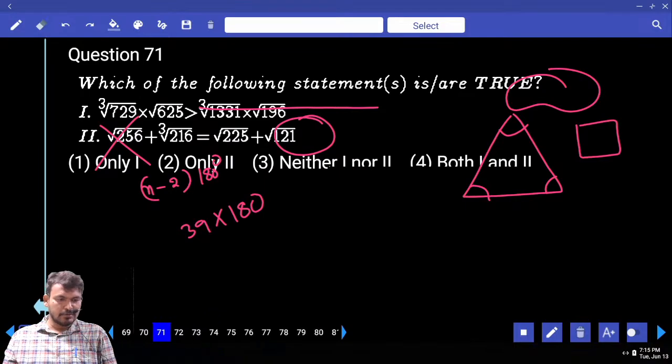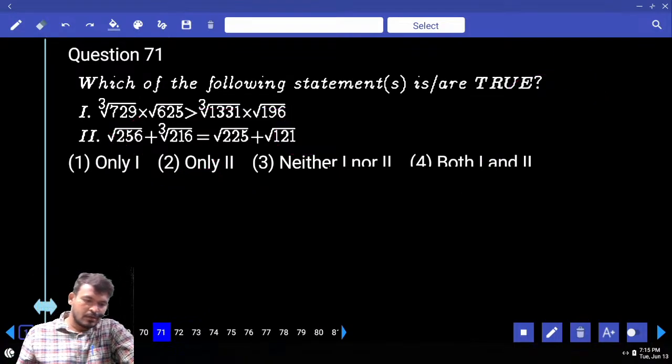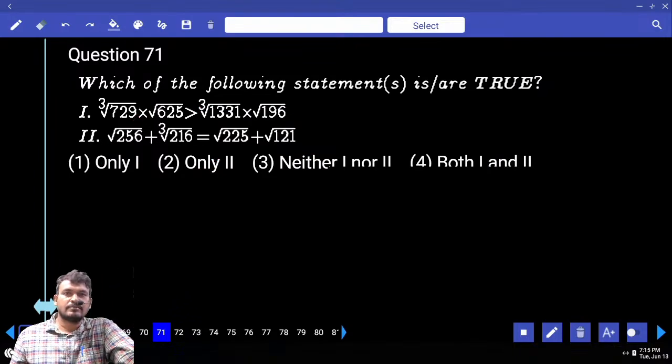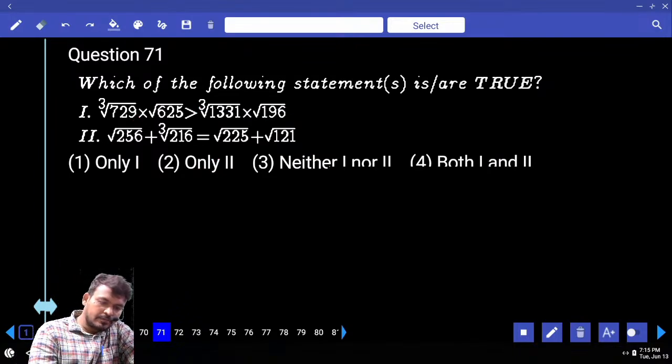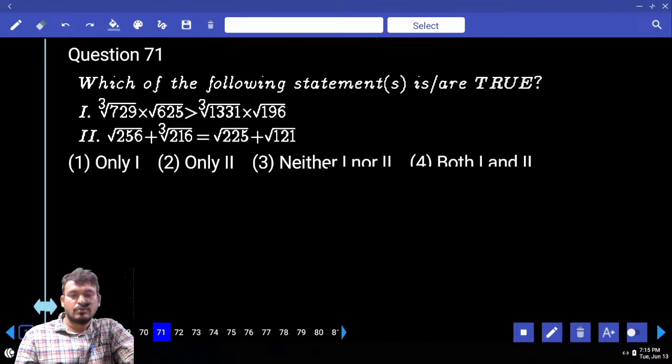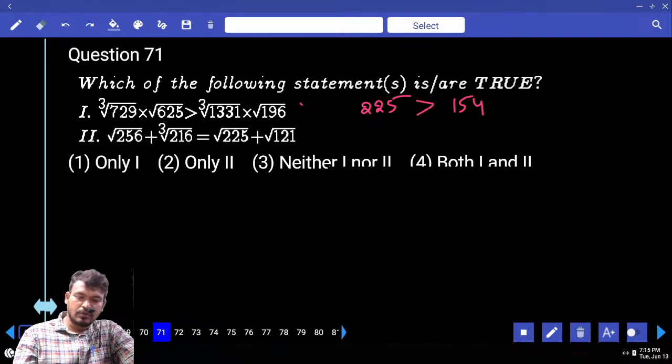Next, 71. Which of the following statements is true? Cube root of 729? 9. Square root of 625? 25. 25 9s are 225. Left hand side 225. What is the right hand side? Cube root of 1331, 11. Cube root of 196, 14. 11 into 14, 154. Greater or not? Is the first one true or not?